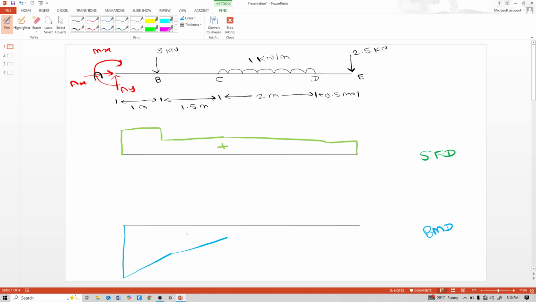And at C there is UDL, so UDL means parabolic curve up to D. And D to E there is no load, that means inclined line. So this is negative.